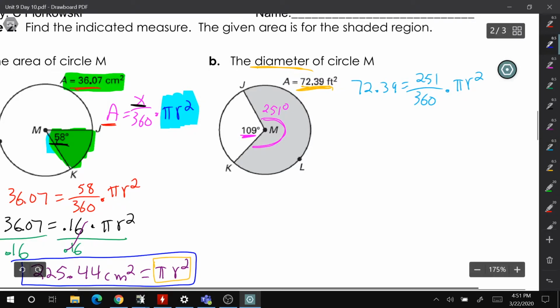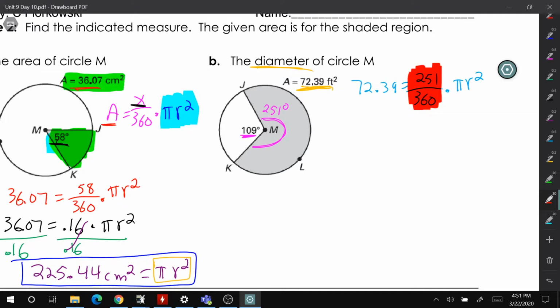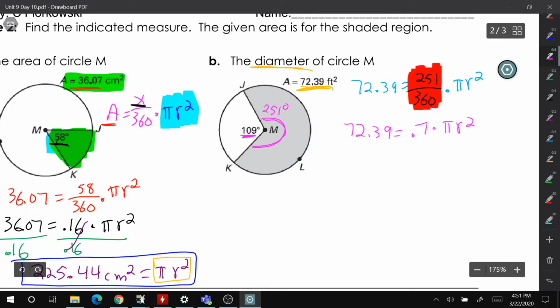Now, like I did in the previous problem, I'm going to simplify this fraction, or make that a decimal, and I get 0.7 when you round it to 2 decimal places. So 72.39 equals 0.7 times pi r squared.